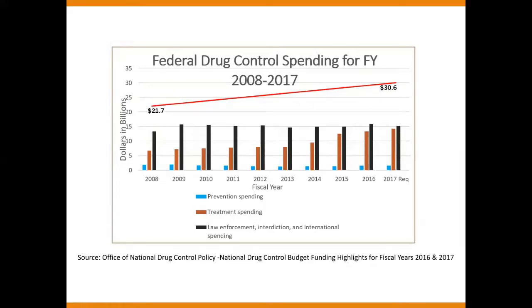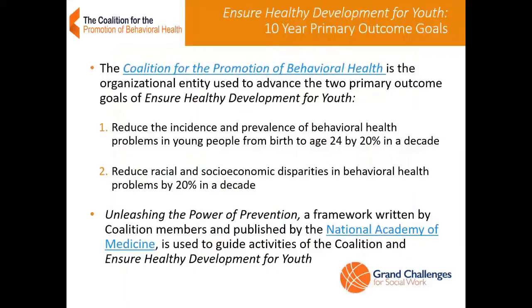And you can see that there's a small amount of dollars that go every fiscal year for federal spending, in this case, in drug prevention, relative to treatment and to law enforcement. You can see that funding started to increase each year for treatment beginning in 2013, but not so for prevention. Next.